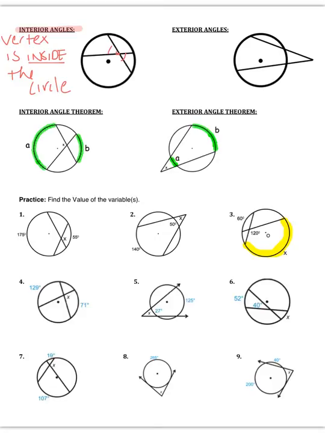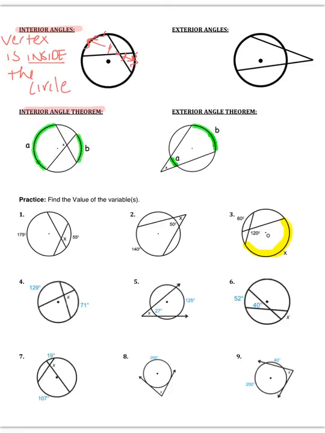Because with an interior angle it makes an X, that means you have two sets of arcs that correspond to those specific angles. So when I'm talking about the interior angle theorem, I can't just relate the angle to one arc, because those angles are congruent, which doesn't necessarily mean those arcs are congruent.